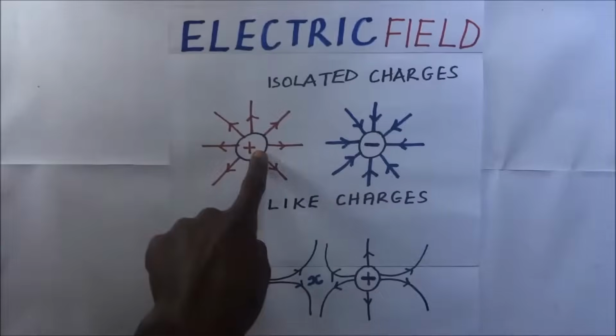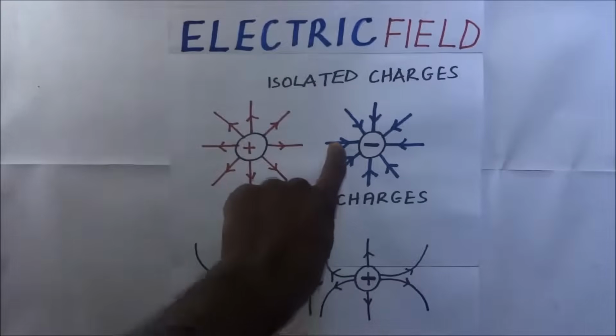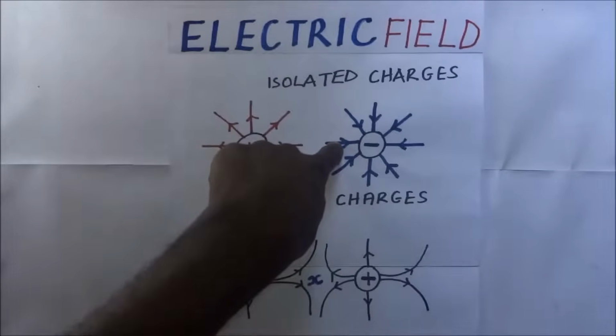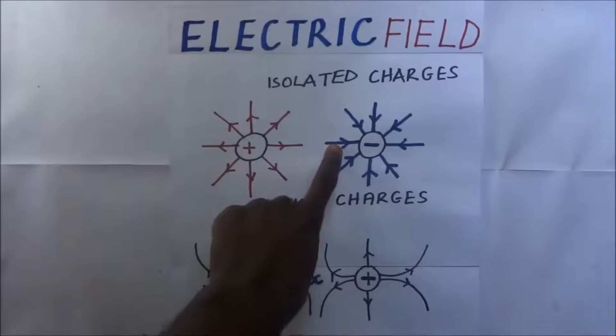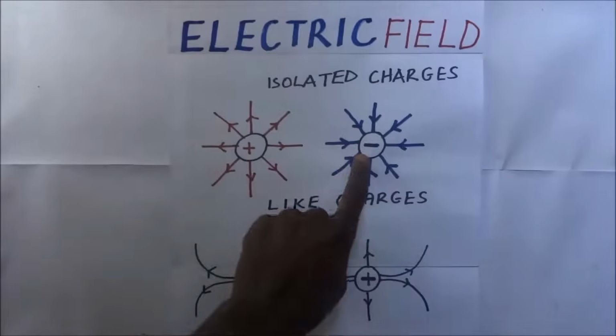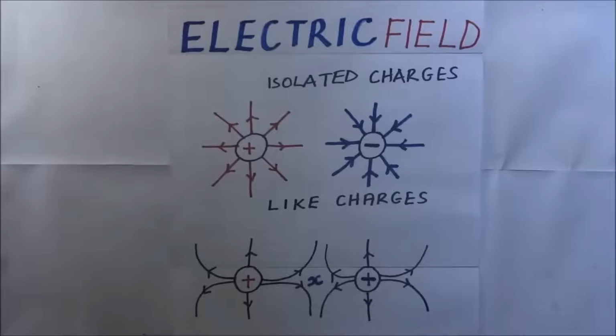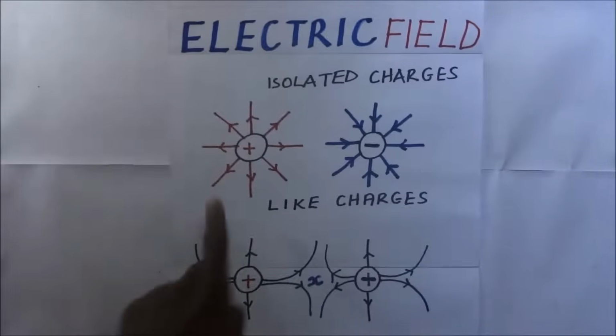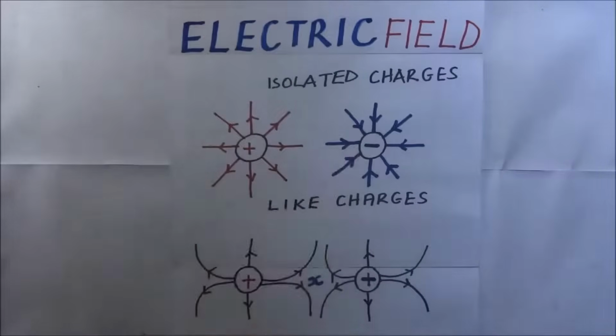It will move away from the positive charge. But if we put that positive charge here, and this is negatively charged, that positive charge will move in that direction. And that is how we define the direction of the field. So the direction of the field will always be away from the positive and towards the negative.